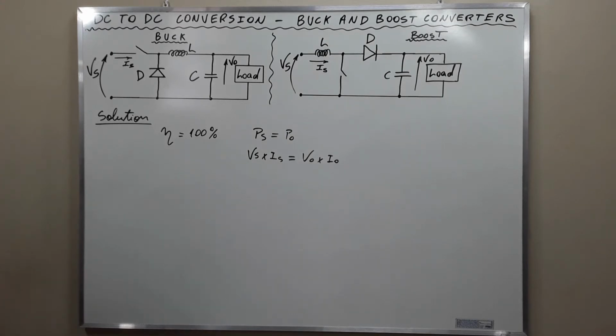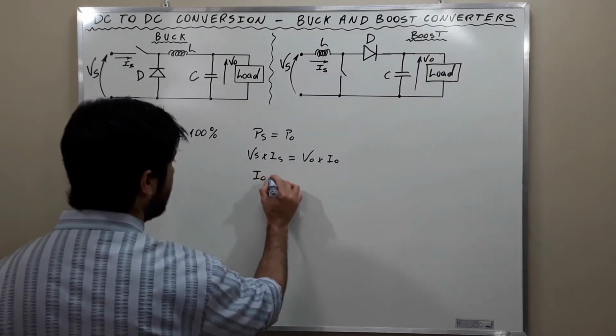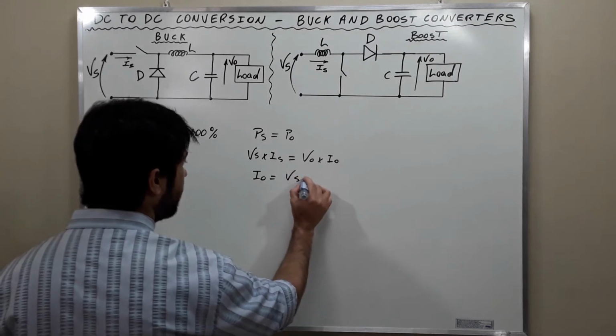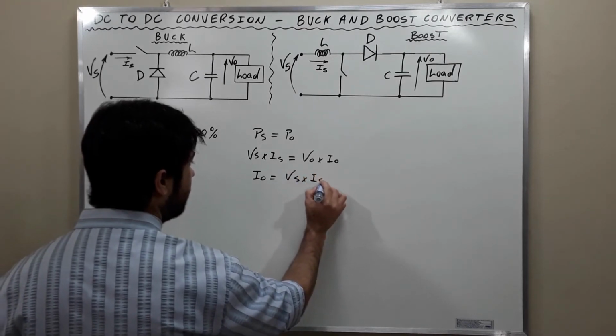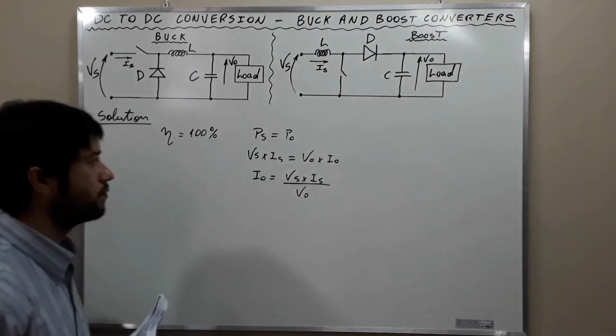We want to calculate the output current. Io is going to be equal to Vs times Is divided by Vo.